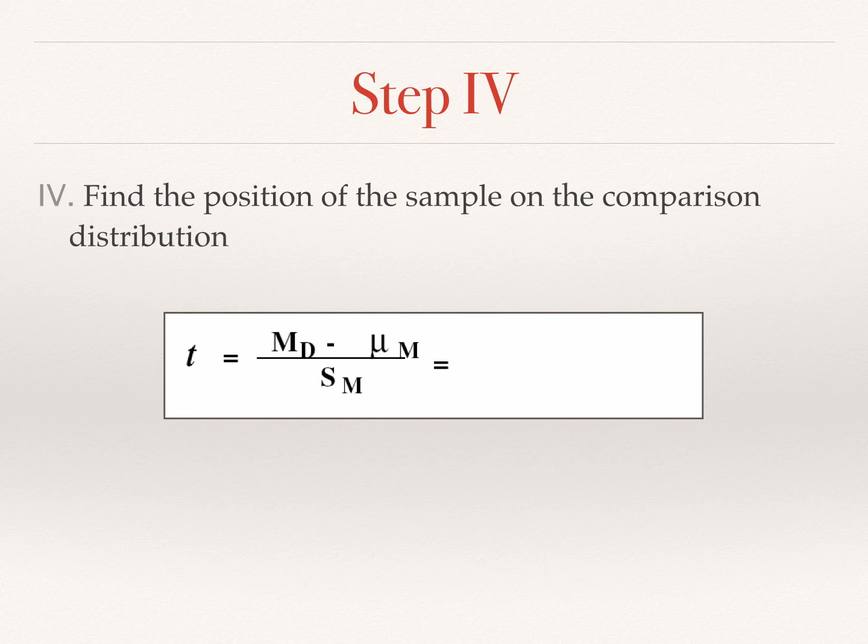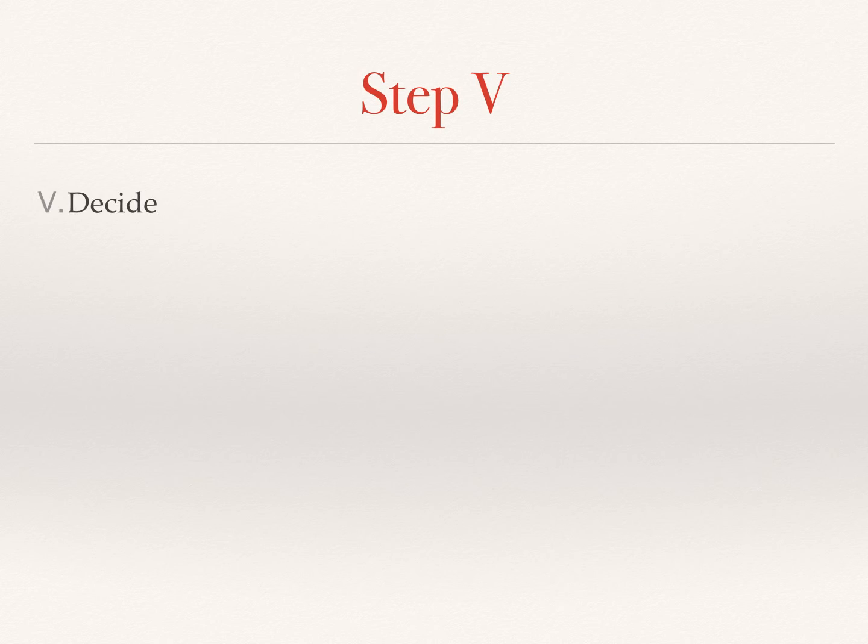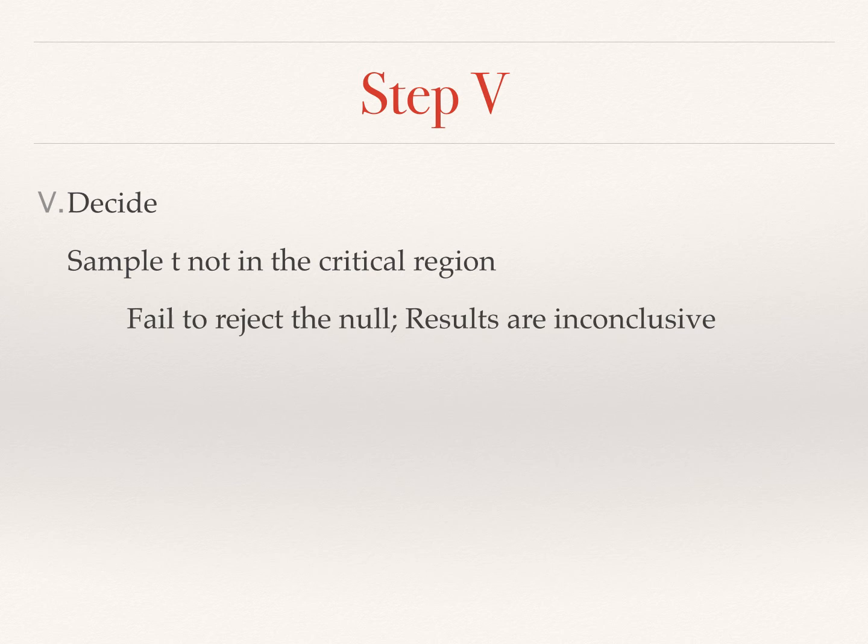Again, the top is going to be our signal, the bottom is our noise. So we have 5 minus 0 divided by 2.04, which is equal to 2.45. The sample is not in the critical region. Again, our cutoff value was 4.541. So that was not in the cutoff region, so we failed to reject the null, and our results are inconclusive.